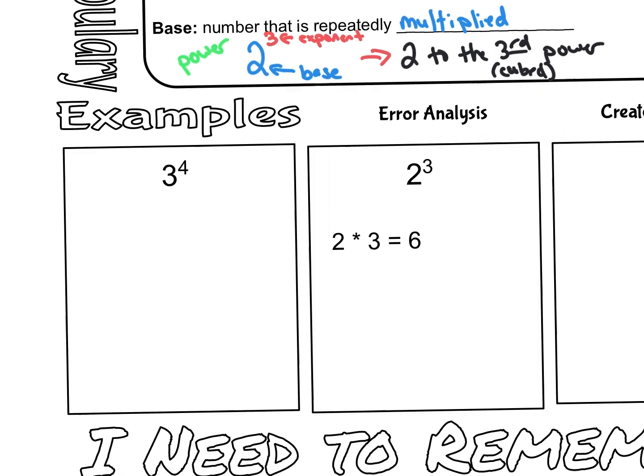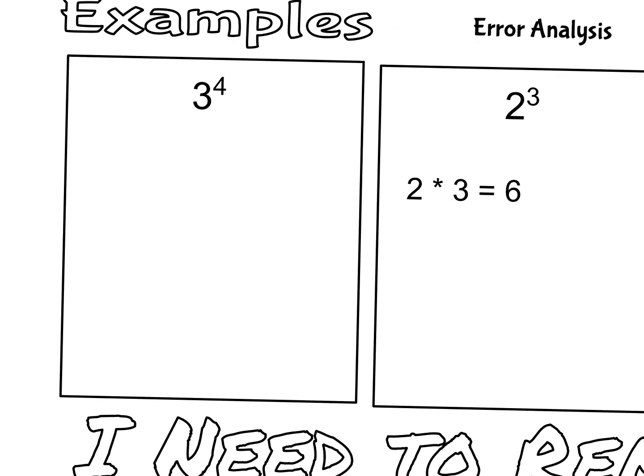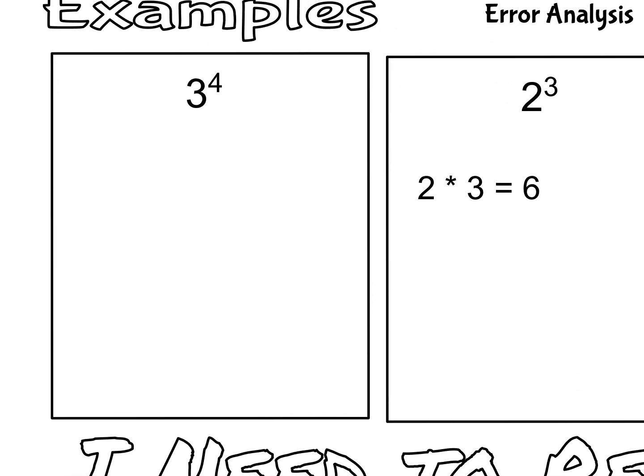Now let's take a look at some examples. We're going to start with 3 to the fourth power. 3 to the fourth power in expanded form means we're going to take that base of 3 and multiply it by itself 4 times. So it looks like this: 3 times 3 times 3 times 3. Now we're just going to multiply all those factors together.